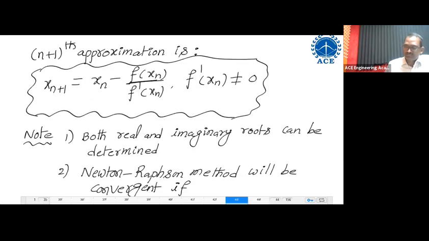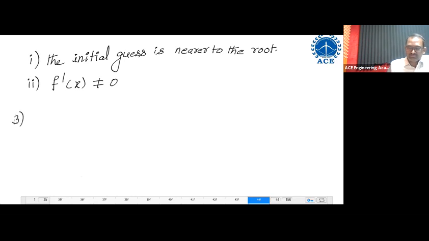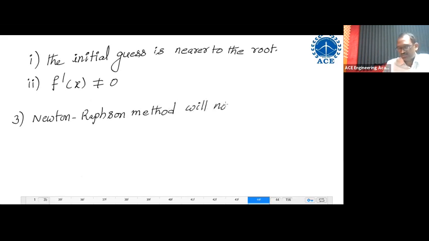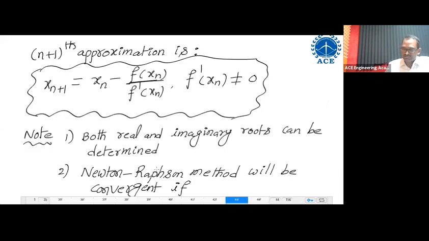Next, Newton-Raphson method will not be convergent if f dash x is equal to 0. F dash x is equal to 0 means something by 0, infinity, undefined.